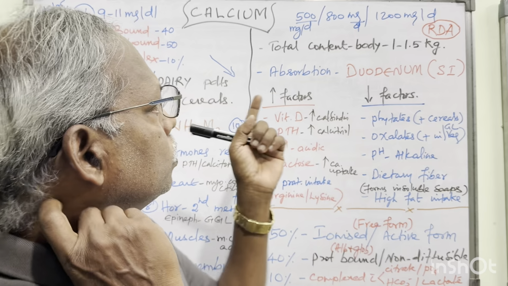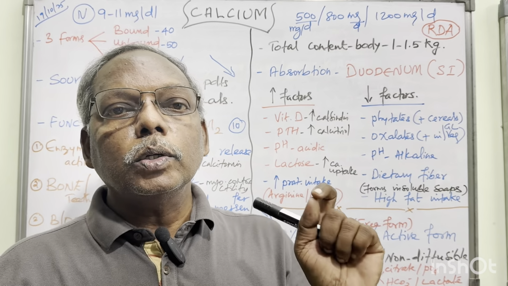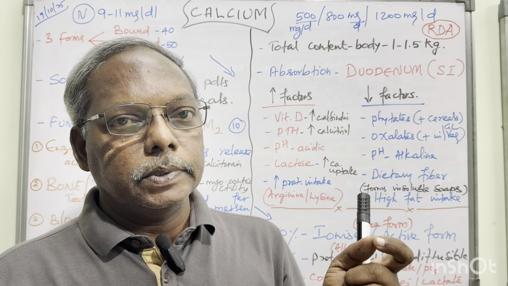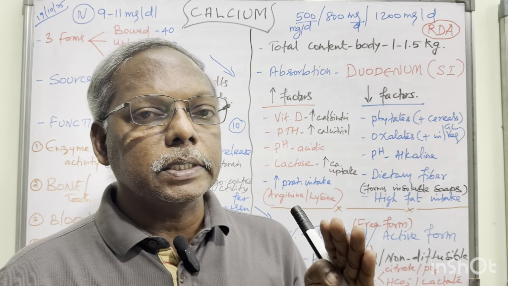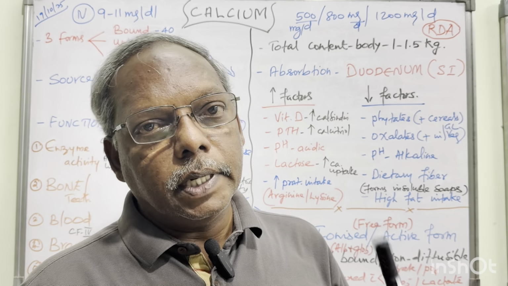Okay, these two numbers are very important. Very rarely they are asking the total content of body calcium, 1 to 1.5 kilogram. So the third point is total content of body calcium is 1 to 1.5 kilogram, right.